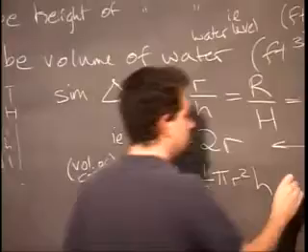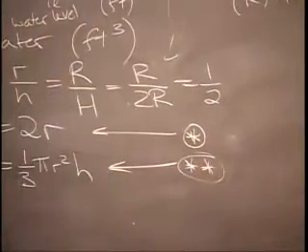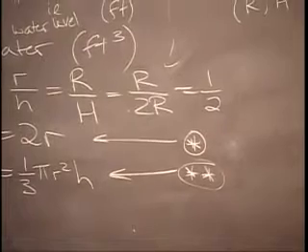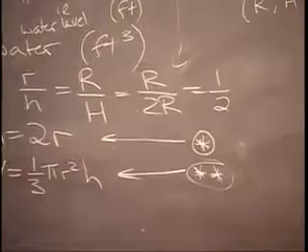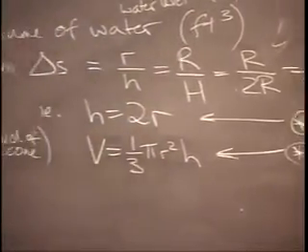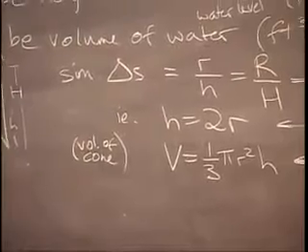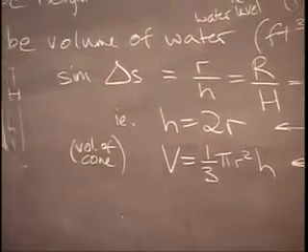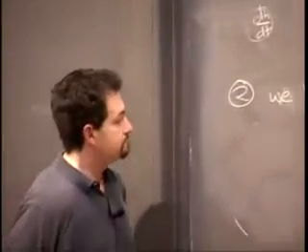That I will call star star, just to emphasize that those are the only two equations I really care about going forward. They relate h and r, and they relate V and r and h. So if we know any one of those quantities, we can work out the other two by simultaneously solving those two equations. Any questions about the problem so far?